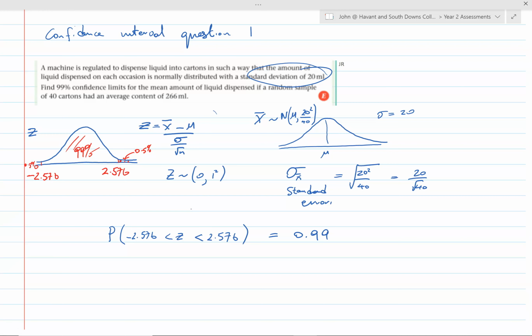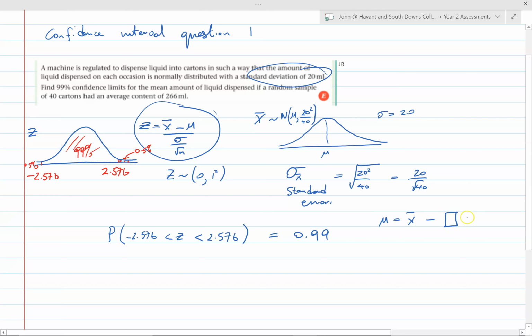Right, so we're going to use this. Now, rearranging that, you might want to play around with it separately. It's best not to get too bogged down with inequalities, but if you rearrange that formula, you should, without too much bother, see that mu equals x bar minus the z value times that.